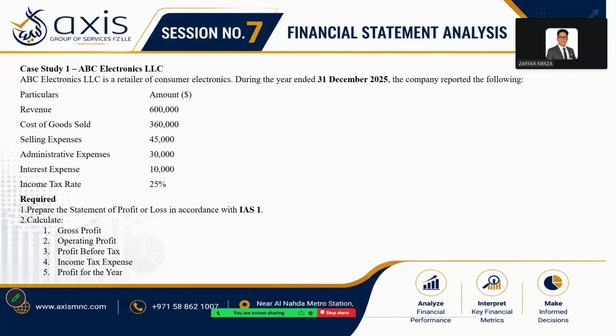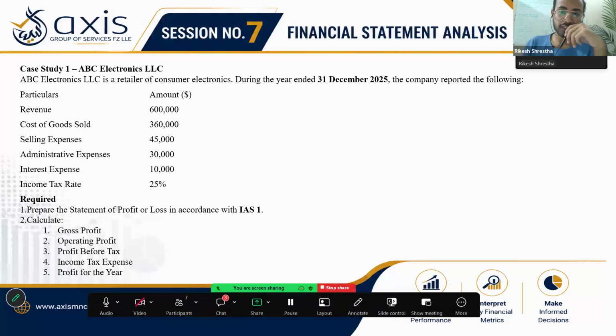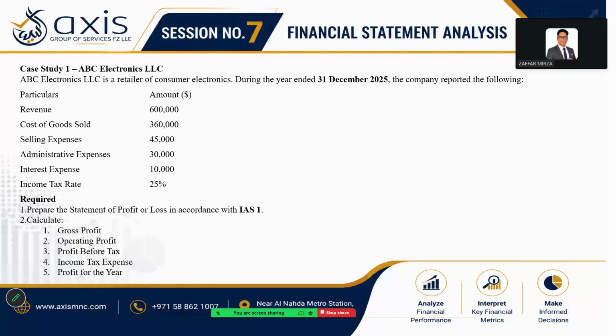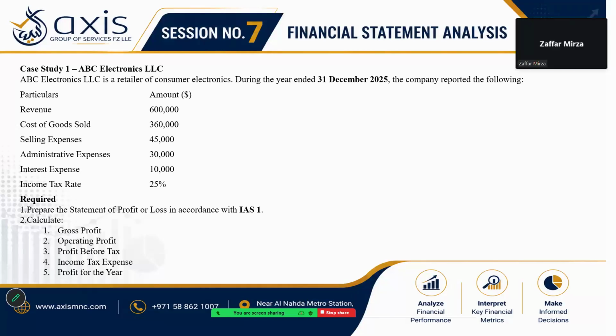Guys, what is the operating profit? 165,000. Okay. Mariam, profit before tax? 155,000. Yes, 155,000.